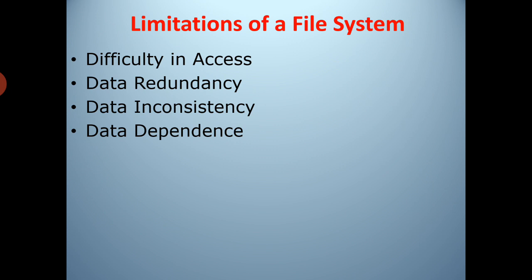While writing such programs, the developer may not anticipate all the possible ways in which data may be accessed. So, sometimes it is difficult to access data in the required format, and someone has to write an application program to access data.